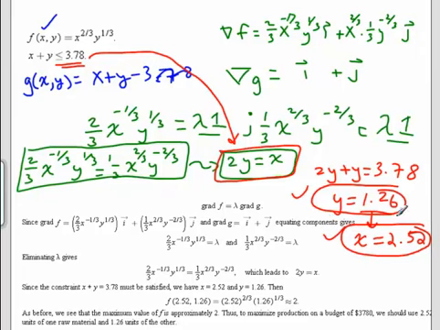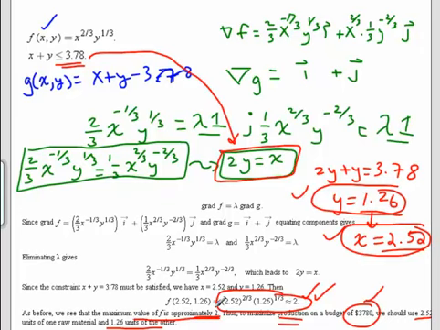Then we can plug these x and y values back into my original function. This shows us how much of each material we should use to maximize our production with a budget of $3.78 thousand, and that how much of our product we're creating is approximately 2 units.